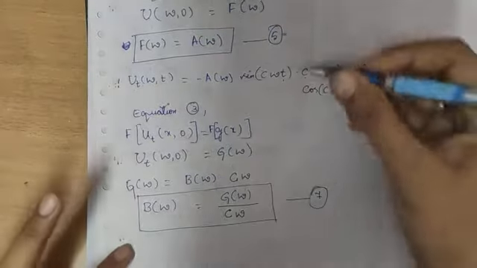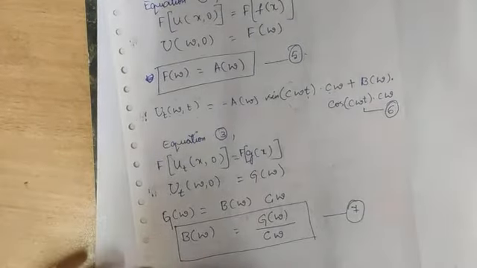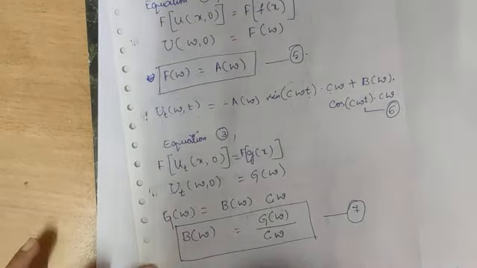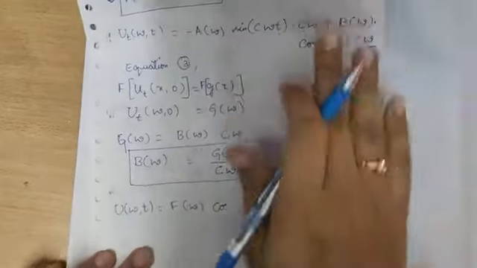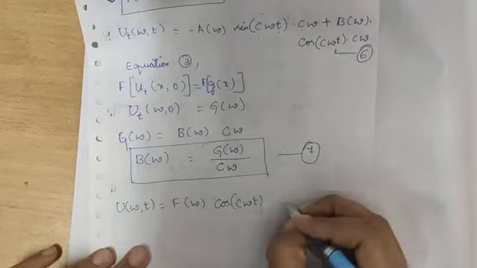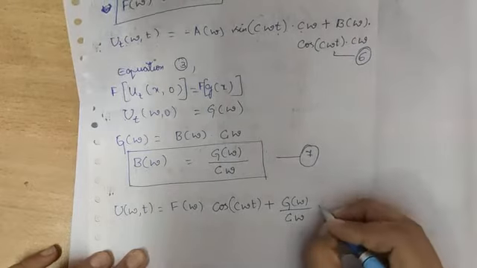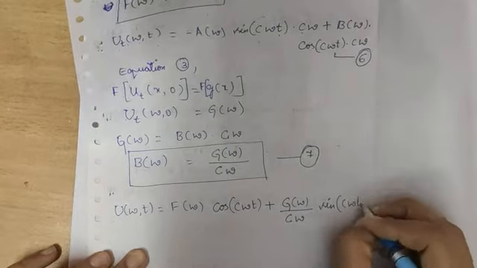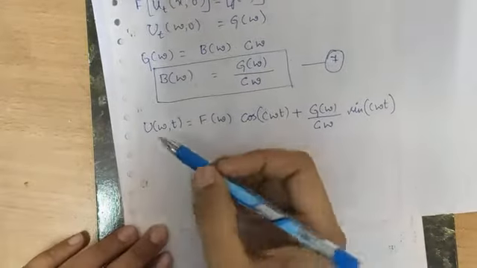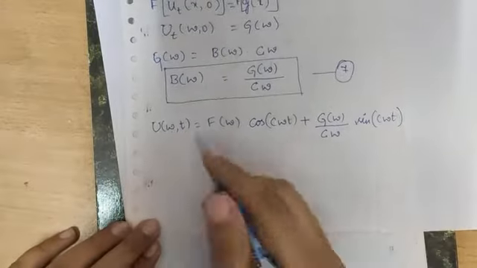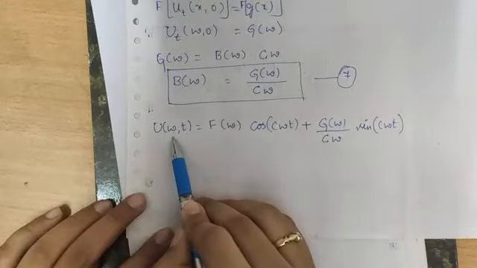Now substitute your equations number 5 and 7 in equation number 4. So what will you get? u of omega comma t is equal to f of omega cos c omega t plus g of omega by c into omega into sine of c omega t. Since we want a solution in terms of x and t only, we have to take the inverse Fourier transform of this equation on both sides, with respect to omega.